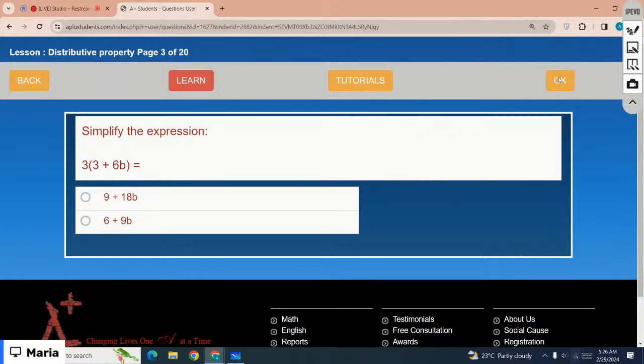Yes, 3 times 3 is 9 and 3 times 6 is 18, so that is 9 plus 18g. The correct option is option number 1, that is 9 plus 18g. Option number 1 is the correct option, right?